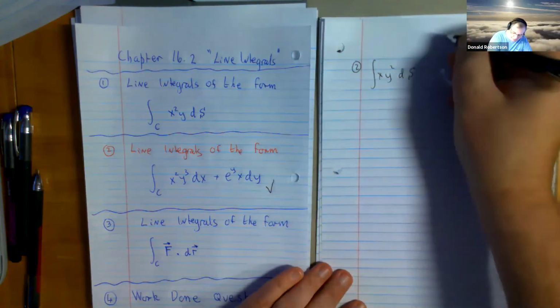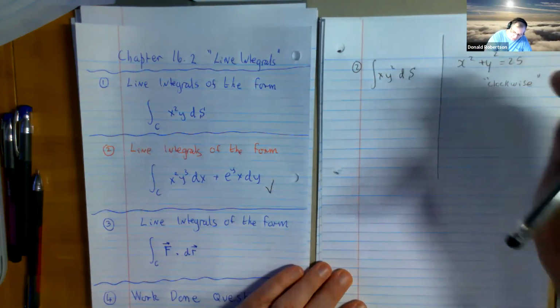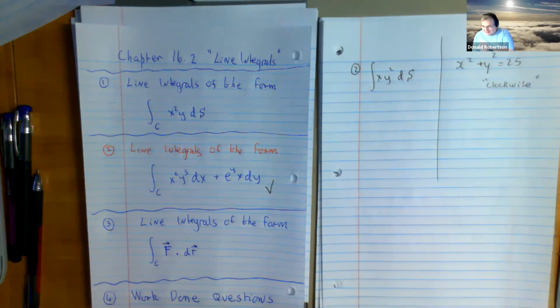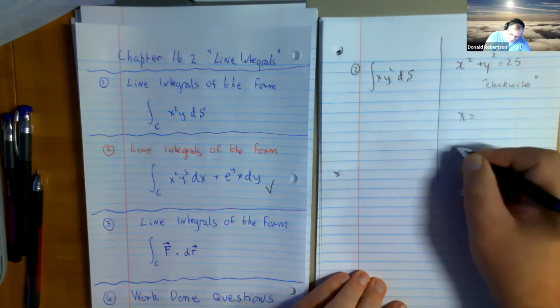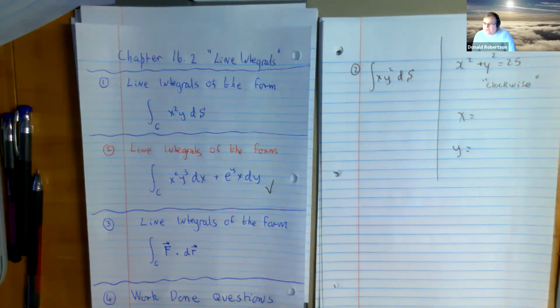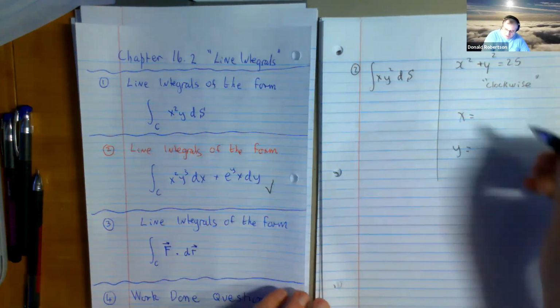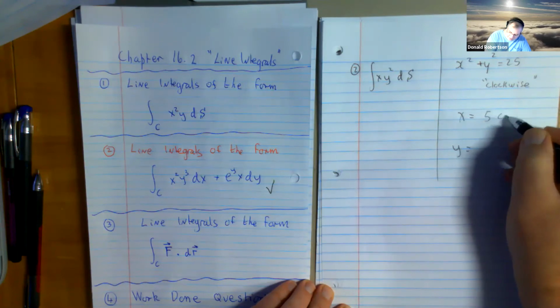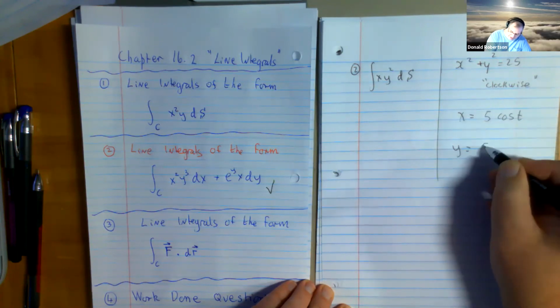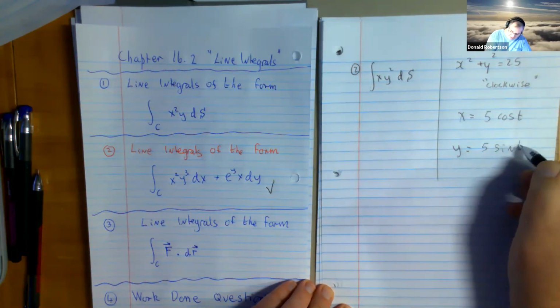Well, in this question, don't we have to parametricize? See, I said the word parametricize. When it's a circle, didn't we talk about that before? And when you do a circle, and in this case it's radius 5, don't you do 5 cosine t and 5 sine t?